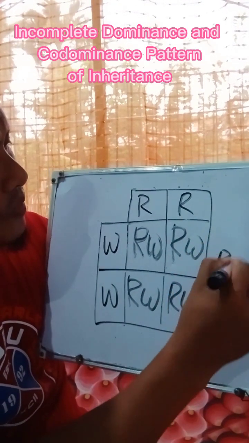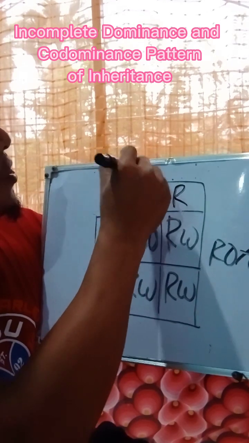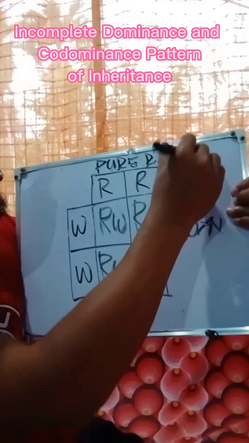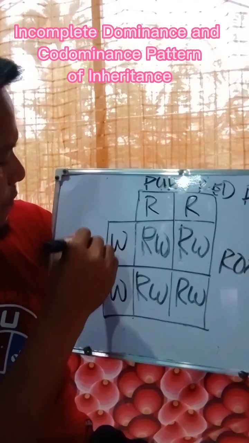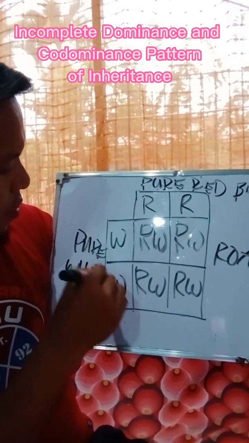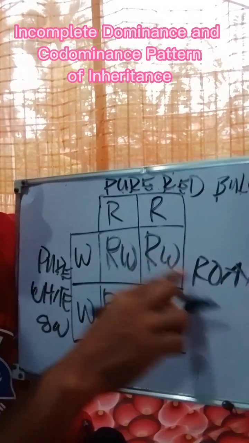RW is Rowan. Okay? A pure red bull crossed with a pure white cow produces a Rowan calf.